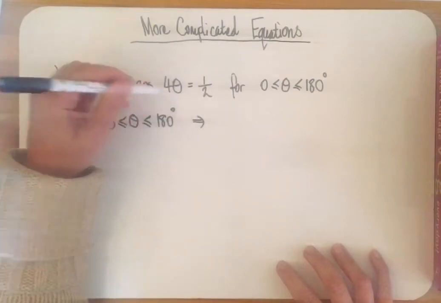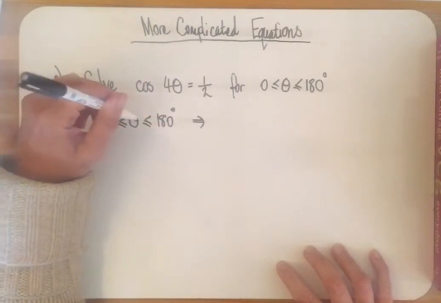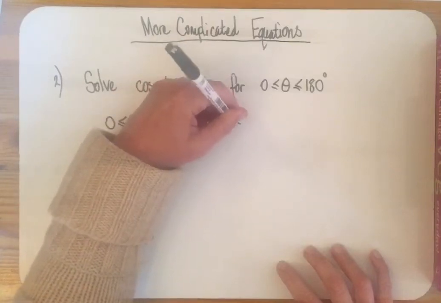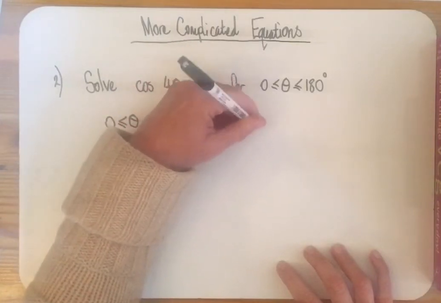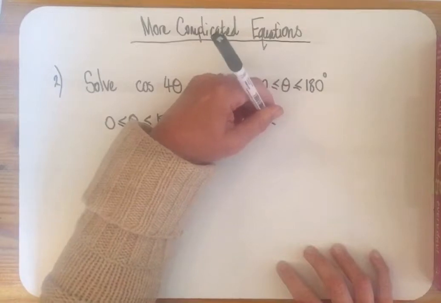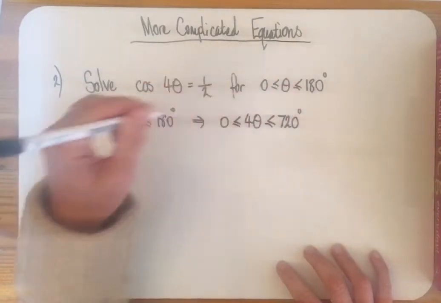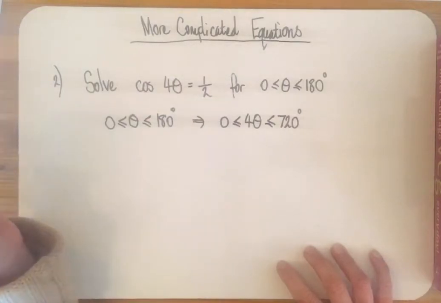So I want this to be 4 theta instead of theta, so I can times right through by 4. So we need to look for solutions between 0 and 720 degrees.